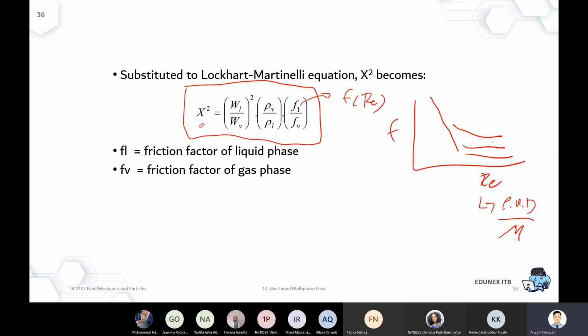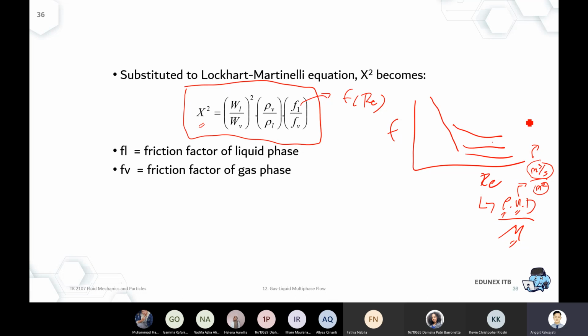So of course, when we assume it to be a liquid versus a vapor, density is different, viscosity different, linear velocity also different. Because linear velocity is cubic meter per second per cross-sectional area. The cross-sectional area part is the same, but the cubic meter per second must be different.